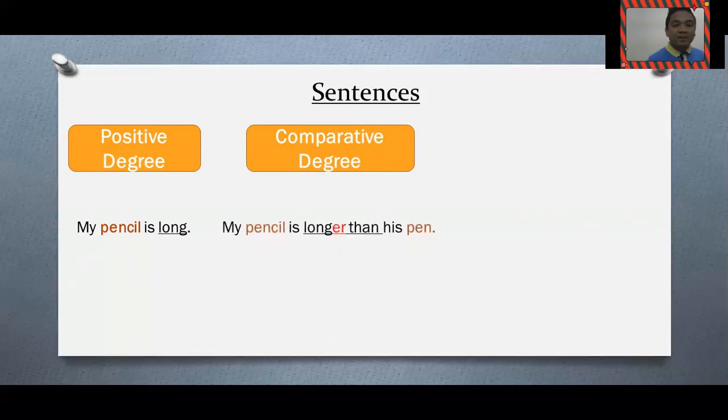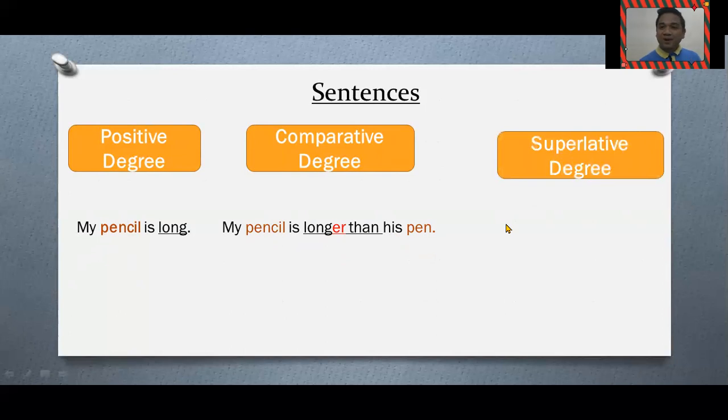Okay, so we have here, my pencil is longer than his pen. Remember, what are the two nouns being compared here? Pencil and pen. And long has one syllable, so you only have to add er, so long, add er, longer than. Okay, do not forget that. So my pencil is longer than his pen.